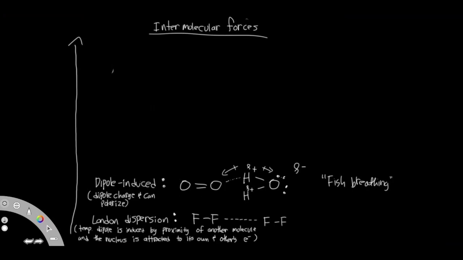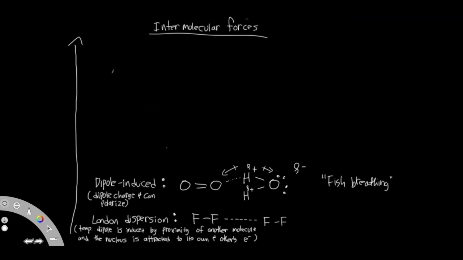Oxygen doesn't just exist within the H2O molecule, it's also intermolecularly bonded as well. So for the fish to get oxygen into their gills, it's going to be quite easy to take it apart from this water, because it's not a very strong intermolecular force. It's still down here at the ladder. So it's going to be quite easy to rip off this oxygen and go into the lungs, and then the fish can breathe. So this is a dipole-induced.